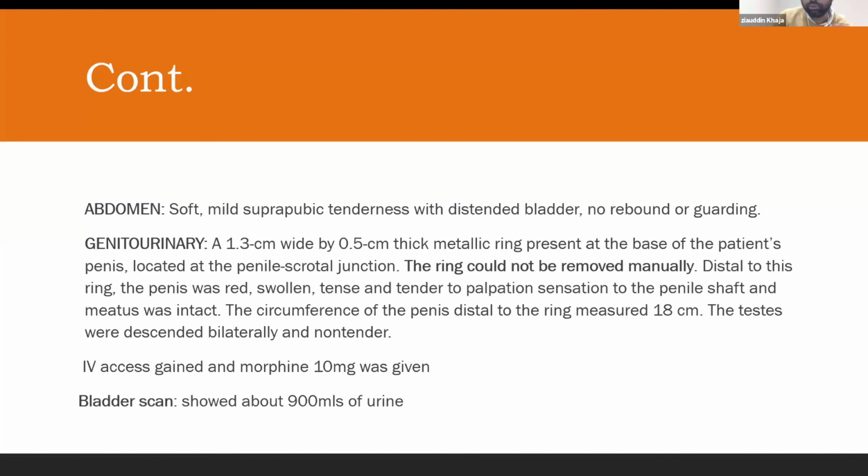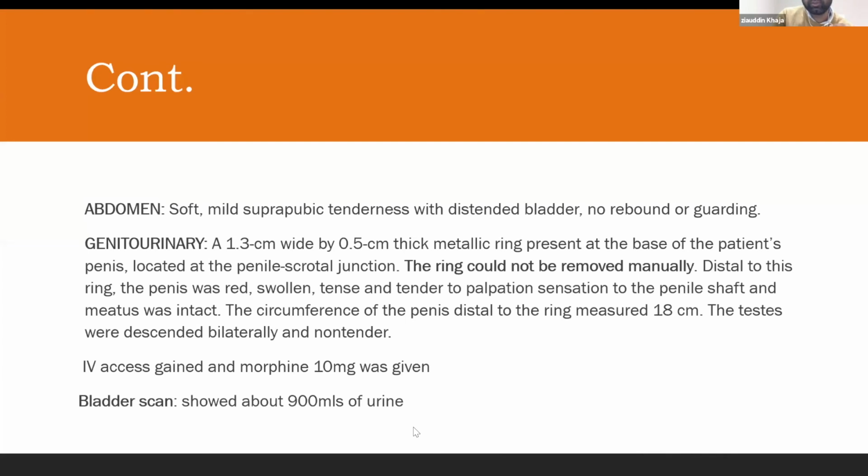The ring could not be removed in ED. Distal to this, the penis was red, swollen, tense and tender on palpation. Sensation to the penile shaft and meatus was okay. The circumference of the penis was about 18 centimeters. Testes were okay, bilaterally descended, non-tender.